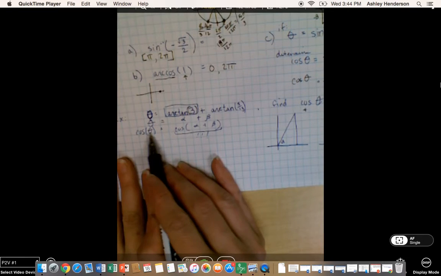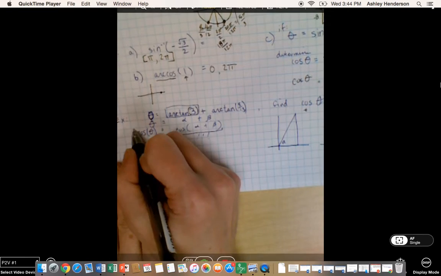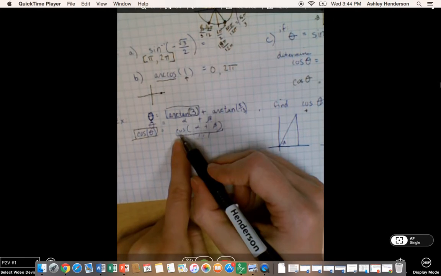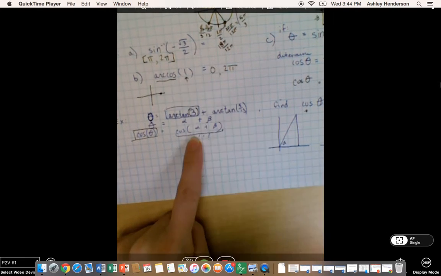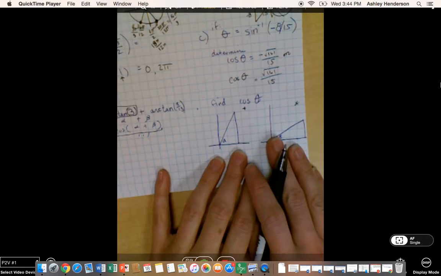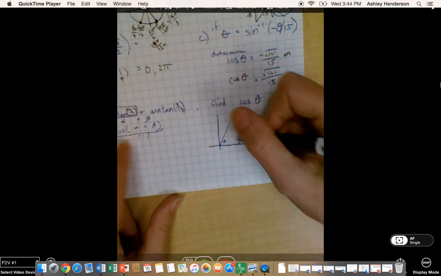So the cosine of theta is what we're looking for here. The cosine of theta is going to be the cosine of alpha plus beta. So I'm going to come over here and make a visualization. Here's alpha.